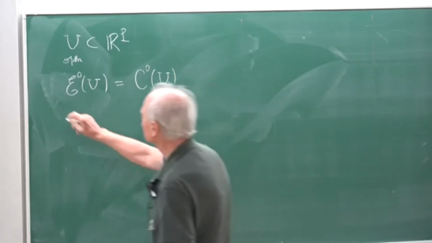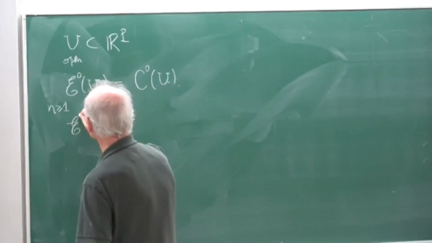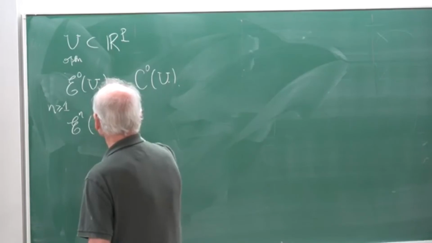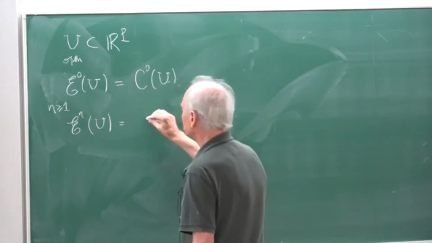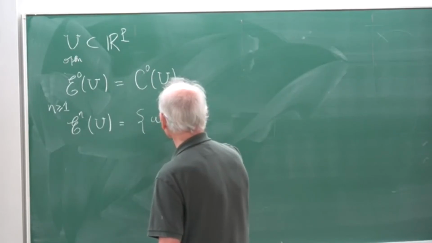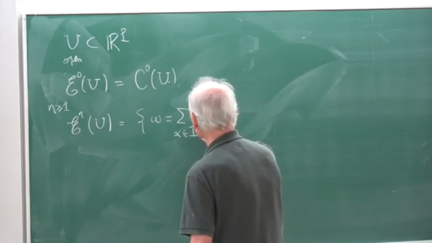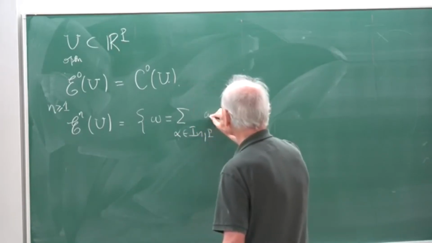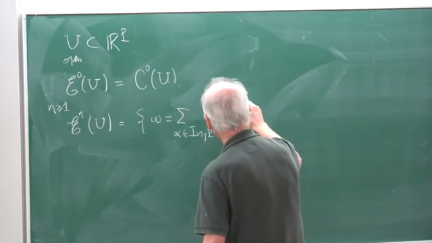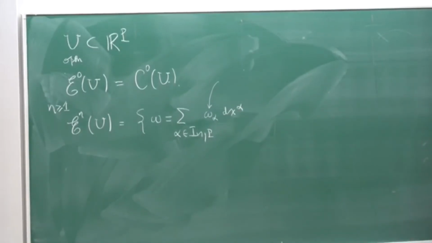And then for n bigger than or equal to 1, E n of U is equal to the space of forms. In other words, that's a set of omega which can be written as sum over alpha in INP of omega alpha dx alpha, where now this is a C infinity function on U. It's no longer a constant, as it was there.